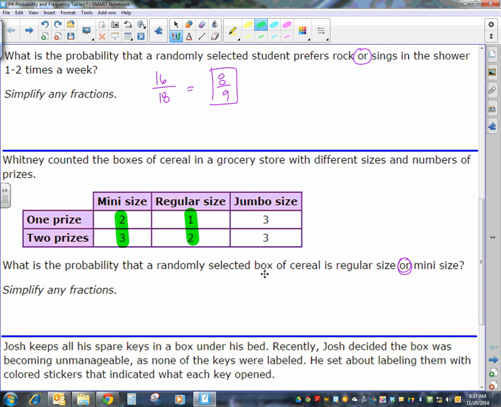What is the probability that a randomly selected box of cereal is regular or mini? So it can be either one of those. So if I add those up, I'm going to have 5 plus 3, which is 8, out of a total of, add 6 more to that, 14, and reduce that by dividing top and bottom by 2 or putting it in your calculator.